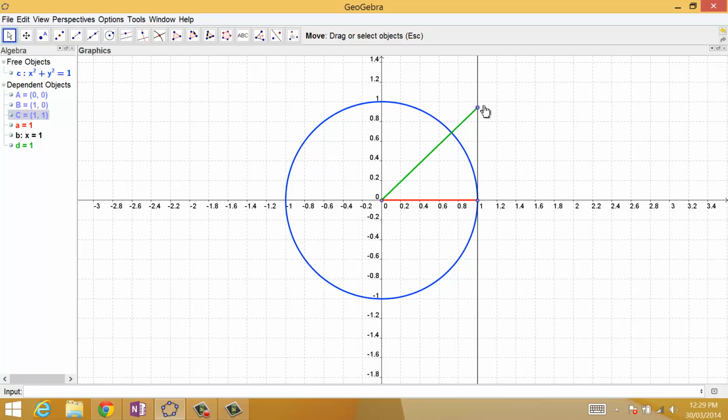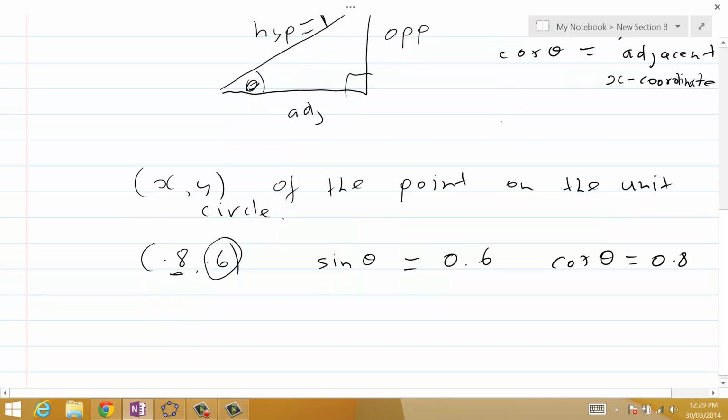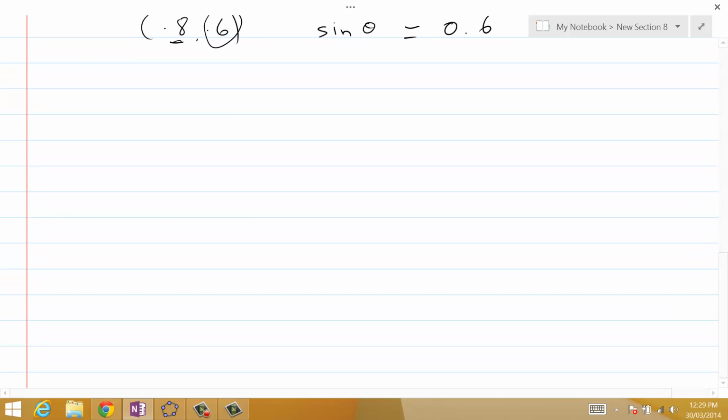So for example, extend that up and down and the base remains 1. If we look at a triangle that has its base always 1, we can see what happens to the ratios.